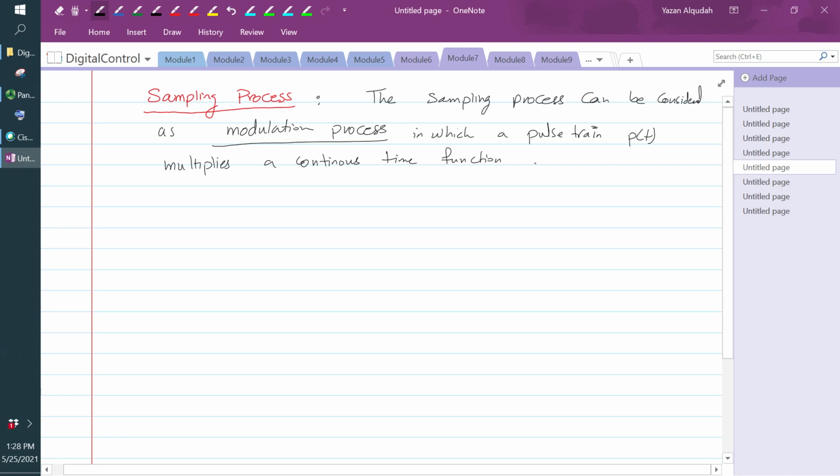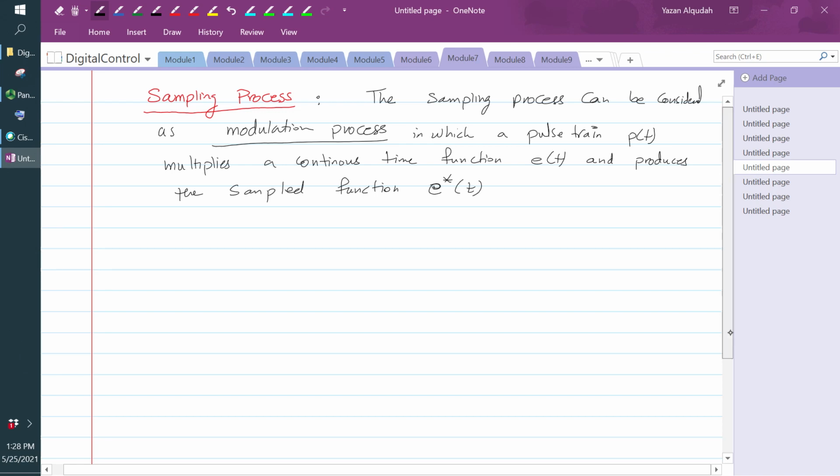In the previous example, that was E of t. And as the result of this multiplication, we're gonna get the sampled function E star of t.